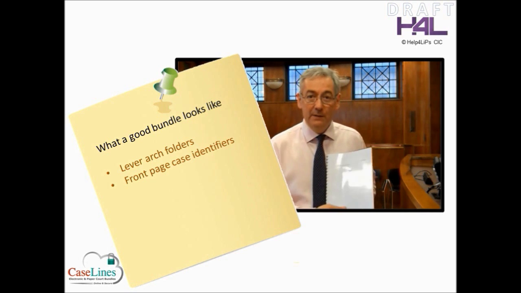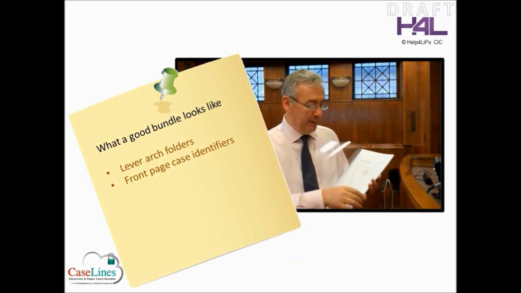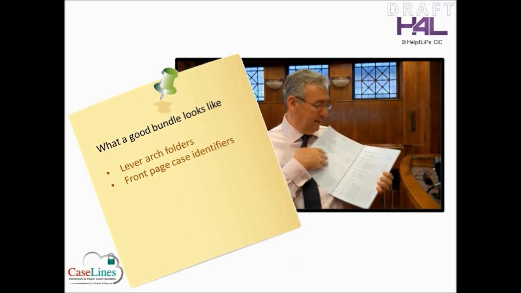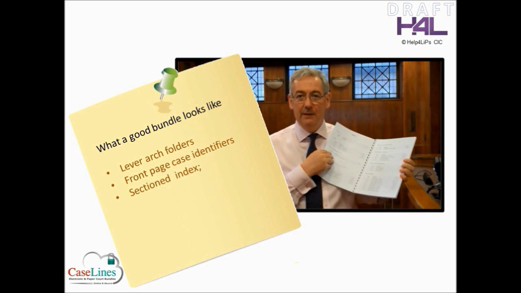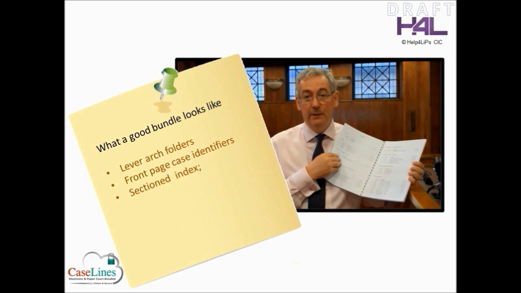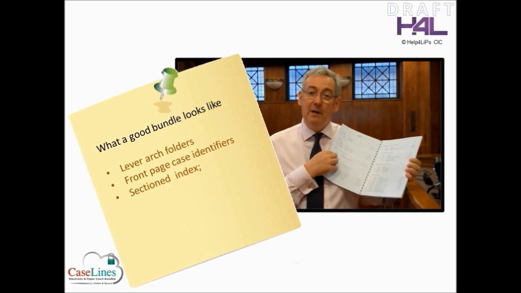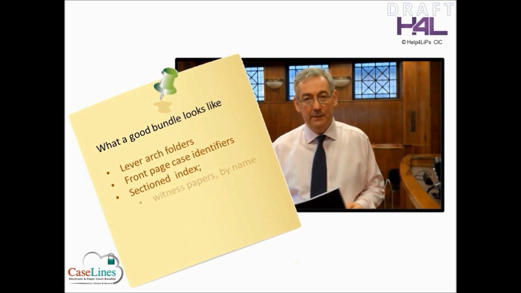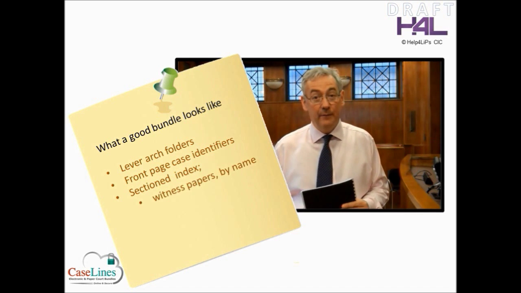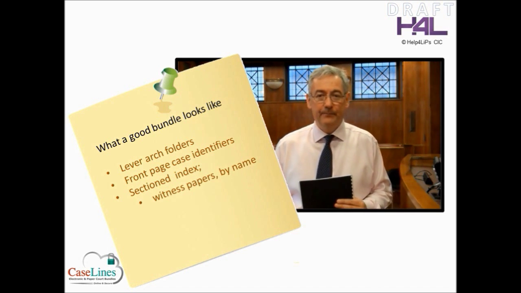And then when we go inside the bundle, the first thing we find is the index. And the index has sections, and each section has documents within it. And in some of those sections the documents are date ordered, and some of the sections are ordered in a different way. So for example, a very common section inside a bundle would be the witness statements, typically ordered alphabetically by the name of the witness.